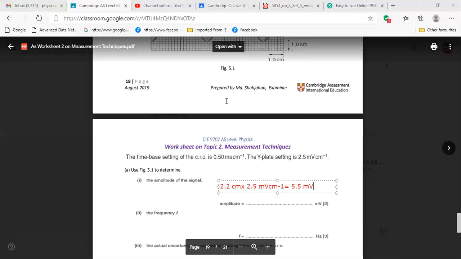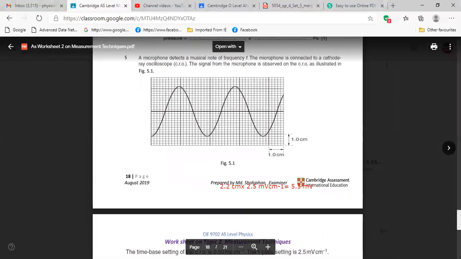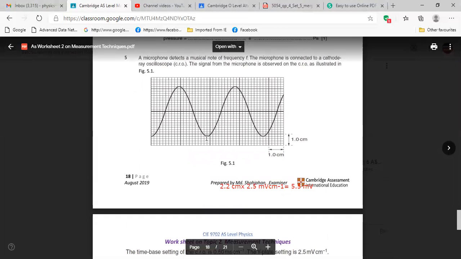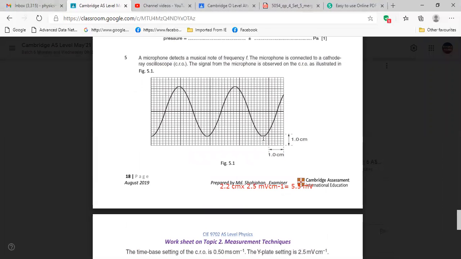Now, you see, here we have the peak to peak distance, right? That is giving us the time period. So from this peak to this peak, how many small squares are there?